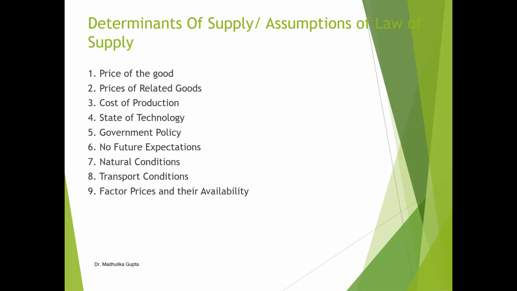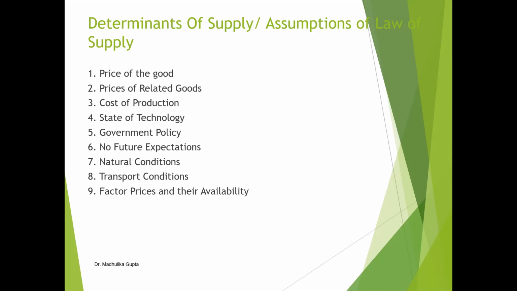So, state of technology is one of the important determinants of supply. A better and advanced technology, of course, increases the production of the product, which results in an increase in the supply. So for example, the production of fertilizers and good quality seeds increases production of crops. This further increases the supply of food grains in the market.